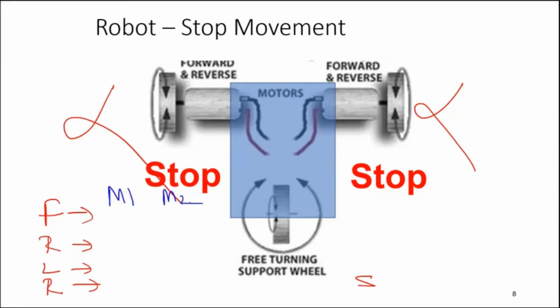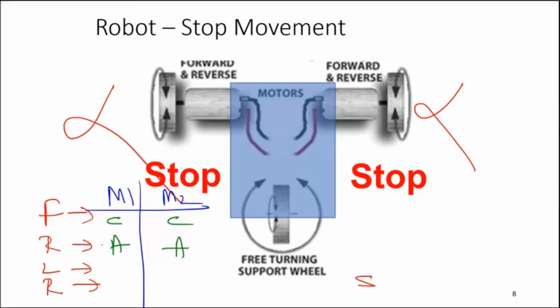This is M2. So for forward, what is the condition? Both motors should go in clockwise direction. For reverse, what is the requirement? Both must be in anti-clockwise direction. For left, what is the condition?